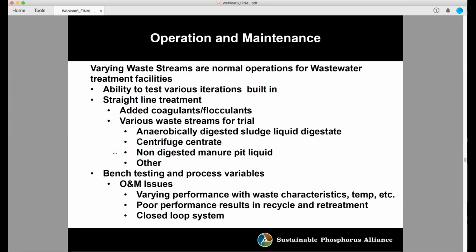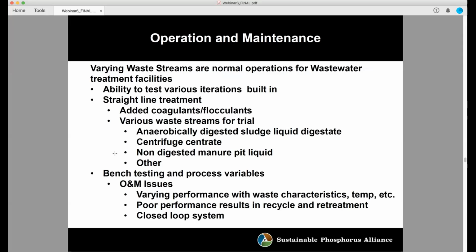Coming to the operation and maintenance issues with our system, at the moment we don't foresee any operational issues, which I'm going to get into a little later. But varying waste streams is a daily part of the operation at wastewater treatment facilities. So for these systems at the facility, there are various options available. We can install the system and then treat a variety of waste streams, for example, liquid digestate from the anaerobic reactor, centrate from the centrifuge, manure pit liquid, and so on.